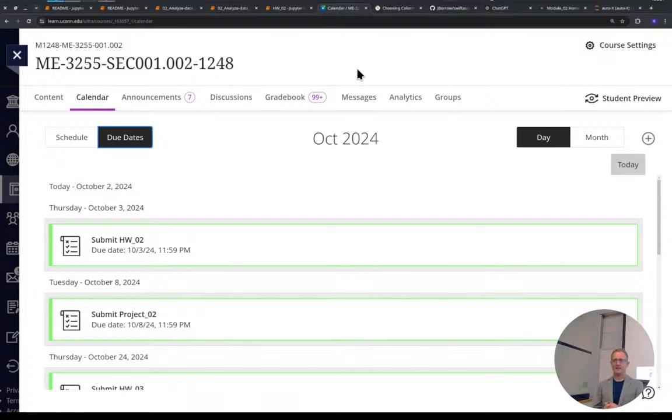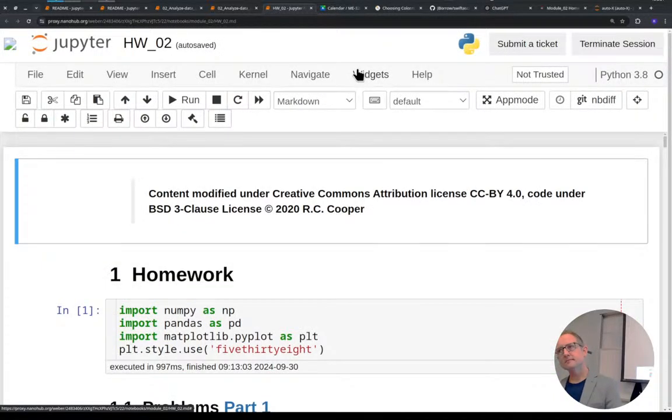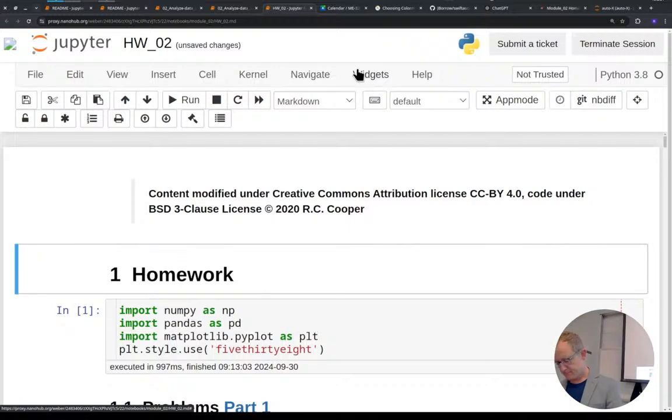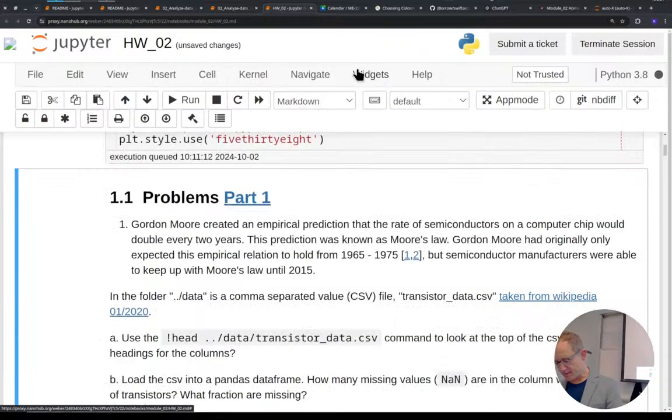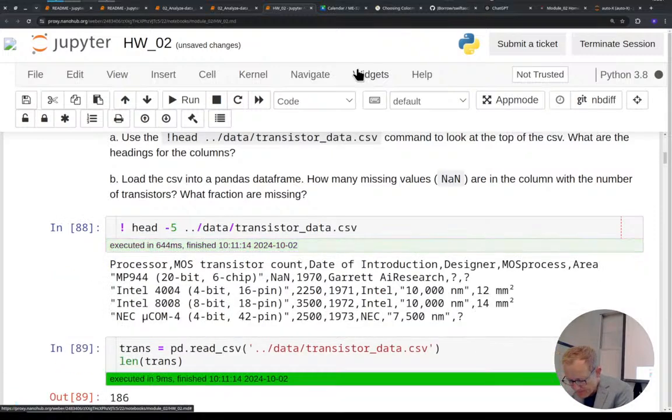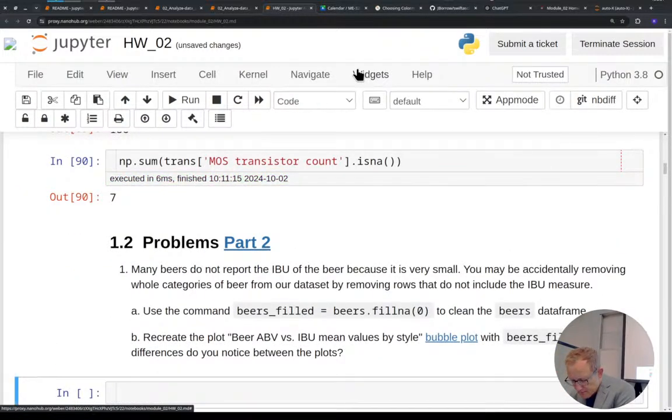Yeah. Can you go over 1.3 part 2? Which prediction? It is 1.3 problem 2. It talks about semiconductors.